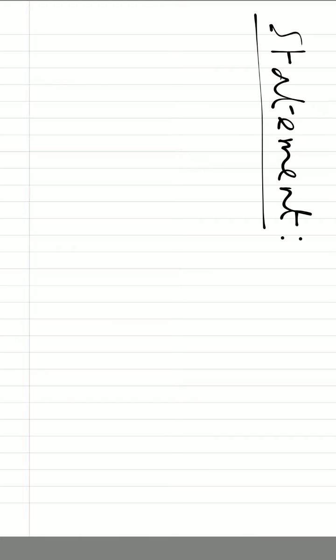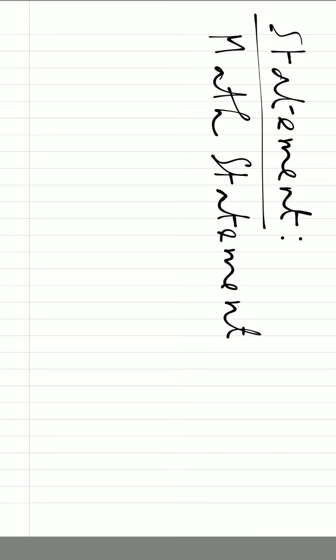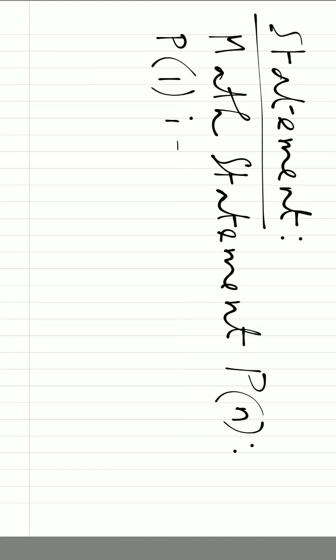Mathematical induction says, suppose we have some mathematical statement Pn, and if you put n equals 1, then P1 becomes true.